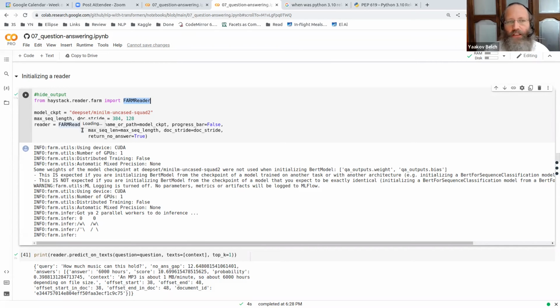In our context, we want to get real confidence which the model tells us, and we want to take the one answer which has the highest confidence. Because this is what we need in our integration, the farm reader does it out of the box. Whereas the transformers reader has been designed initially for some other use case, and they do some step which here is not the right thing to do, and as a result, it's better to use the farm reader, unless you really need the transformers reader for some other benefit which they have, which I'm not aware of.